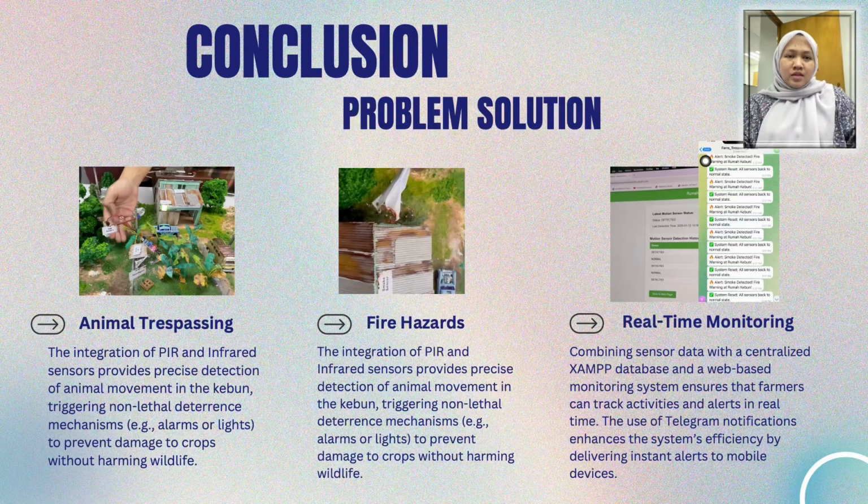And the last one, problem 3, is real-time monitoring. Many farms lack a system that provides real-time monitoring and alerts, especially in remote areas where connection is limited.